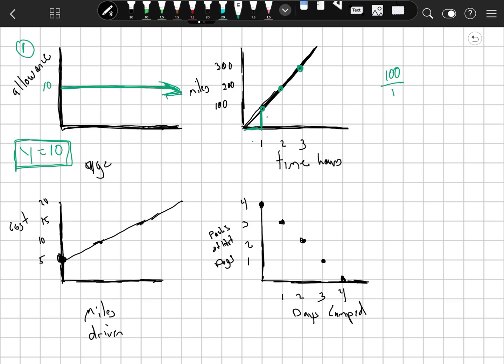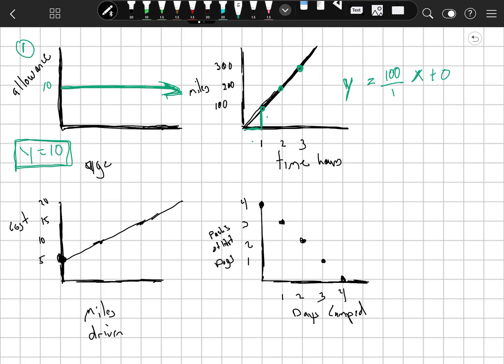We times slope by whatever number x could be, 1 hour, 2 hours, 3 hours, and so on. And you get what y is, the number of miles. So y equals 100x. This is also a linear equation, and we have a slope of 100 for this linear equation. Oh, and there's a y-intercept of 0, so something like that.